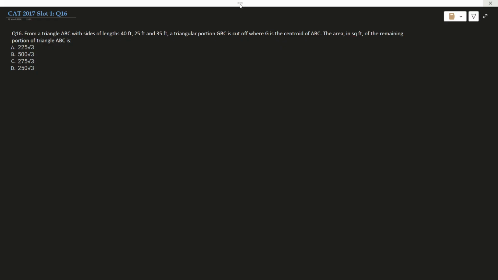Okay, so let me first draw a triangle. This is A, this is B, this is C. So let's say this is 40 feet, this is 25 feet, and this is 35 feet.